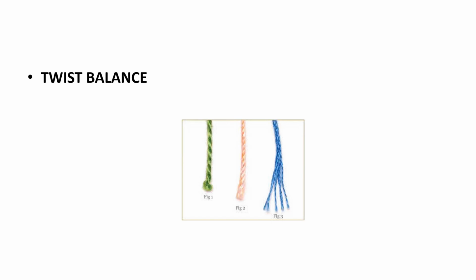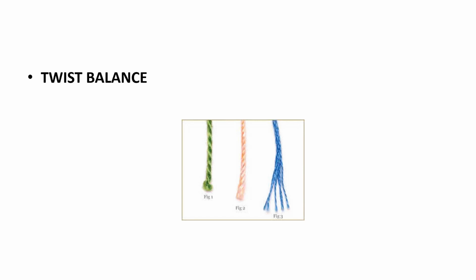There is also another important parameter in the sewing thread, and the yarn that is used there. Apart from fineness, there is also an important parameter called twist balance. Whether you can use any ply, how many plies you will use, or how much twist you will incorporate in it, that is very important to understand here.